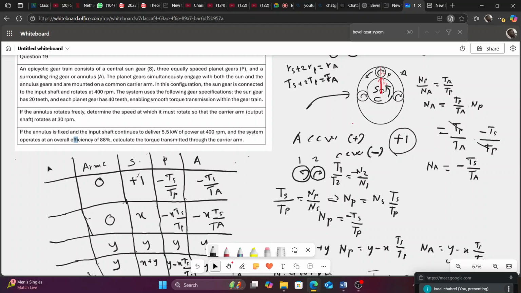Let me just say it in real life. How do you define efficiency? Don't think about it too much. In simple words, what is efficiency? Guys, it's your performance. Let's say you are preparing for a test.